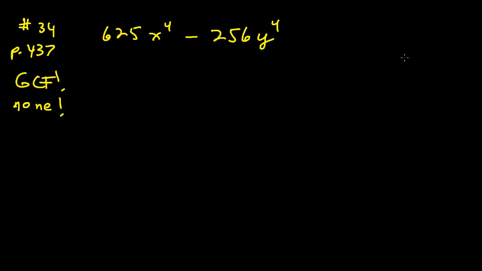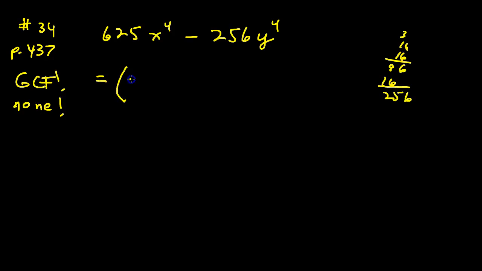Yes, 16 squared. 16 times 16: 6 times 6 is 36, carry the 3, 6 times 6, 96 plus 1... it checks out, 256. So 16 squared is indeed 256. So I can write this as a difference of squares. I'll do it a little more formally here.